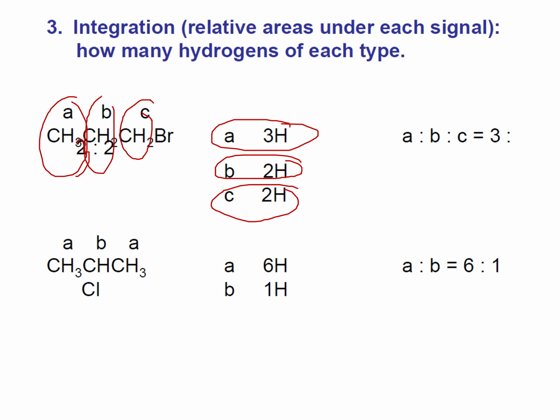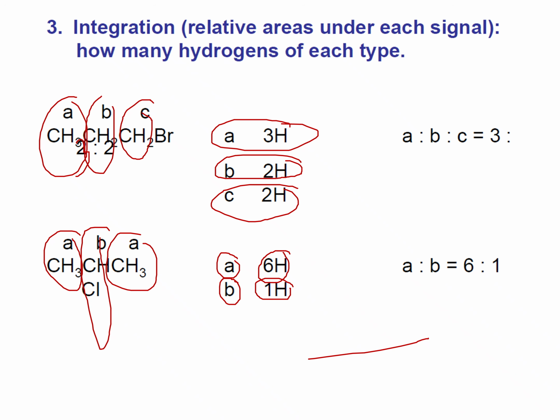You can see here we have two environments. For the A environment we have 6 hydrogen, that means its height would be very high, and for the B environment it has only one hydrogen, so its height would be very low. If you draw the shifting from 0 to 12, the chemical shift would be like that.